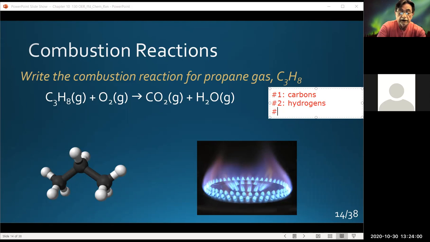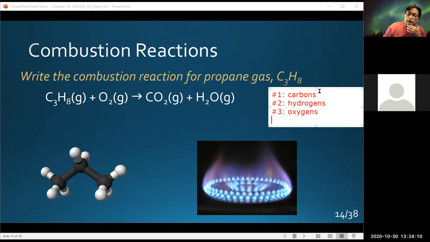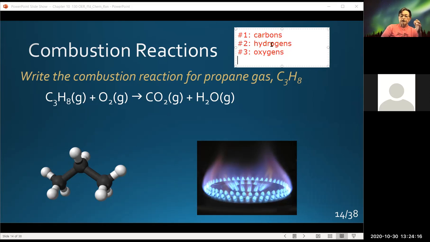And then finally, number 3, you balance the oxygens. So that's the order of balancing any hydrocarbon reaction. Let me go through that real quick. Carbons first, followed by hydrogens, followed by the oxygen. So let's take a look at this reaction we have here.